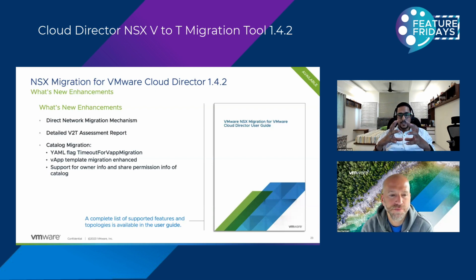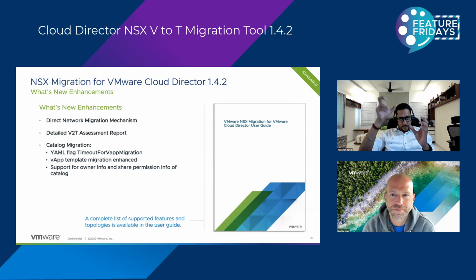And now we have something improvised in the assessment report, like I mentioned. We now have a check where the assessment engine is capable of understanding which org VDCs within the organization have a shared network. It'll recommend that these networks are talking to these org VDCs, and it is recommended that you migrate them together.